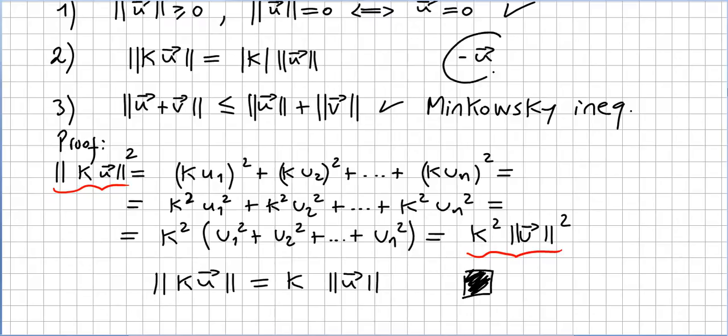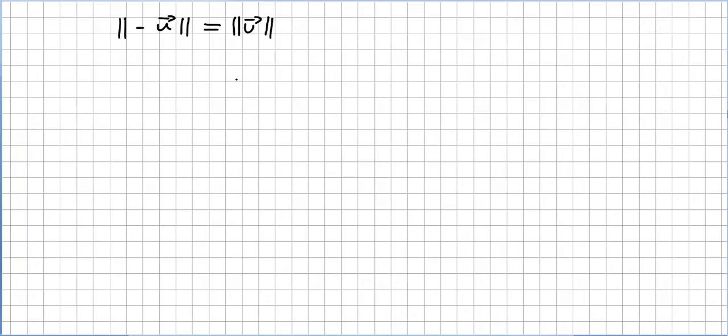What I meant here with this minus u is that I wanted to add another proof for this. It's a very classical proof that says: prove that the norm of minus vector u is equal to the norm of vector u.